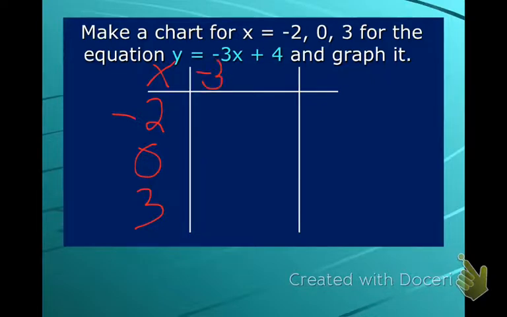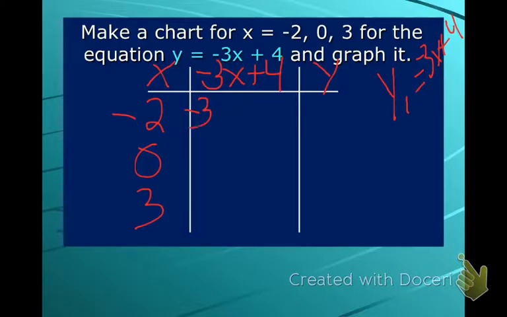We're going to plug them into this equation, and our last one is going to be y. Now our x and y don't stand for words because we just have an equation. We don't have a word problem. So you could have also put this in y1 equals -3x plus 4 and have your calculator do it, but you still need to know how to do it by hand because you get non-calculator tests.